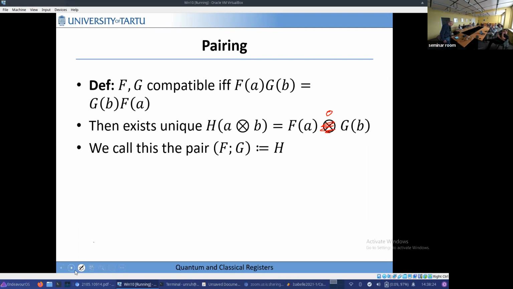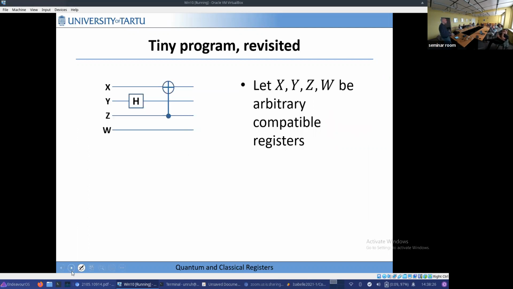Okay, so let's use this formalism to revisit the example from before. Is it now easier to write it? Well, one advantage we already have is that we can formulate this more generically. Before, we had to say, let our memory be x tensor y tensor z tensor w. Now I'm just saying, let x, y, z, and w be arbitrary compatible registers in the memory.